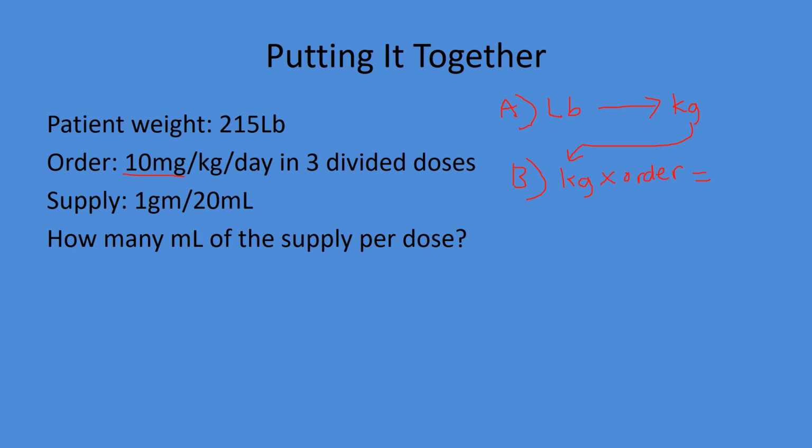Once you get that daily amount, you're going to divide that by the number of doses. So not all problems you'll need to divide by doses. So in this case, we'll need to divide by 3, and that's going to give you your per dose amount. And then last step, you're going to do order over supply times the amount.